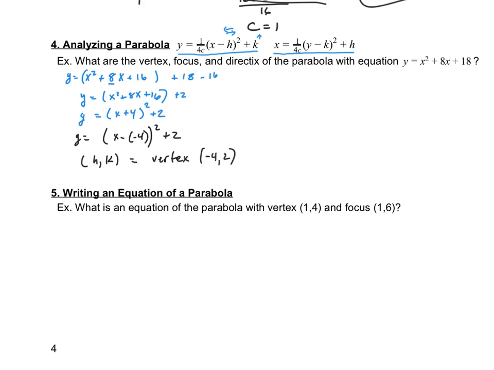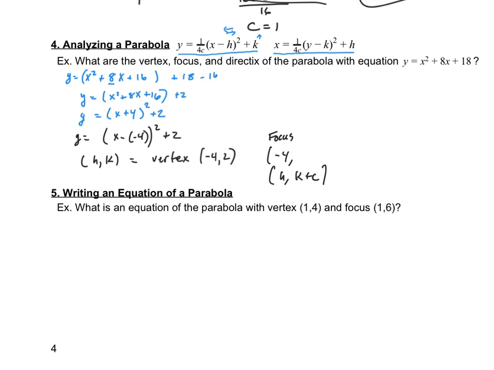So I have my vertex, and my focus is going to also be along the axis of symmetry, so I know that my focus is going to have the same x value. How can we figure out how far it is from my vertex?